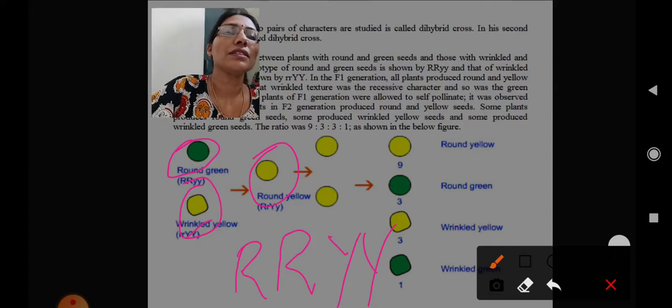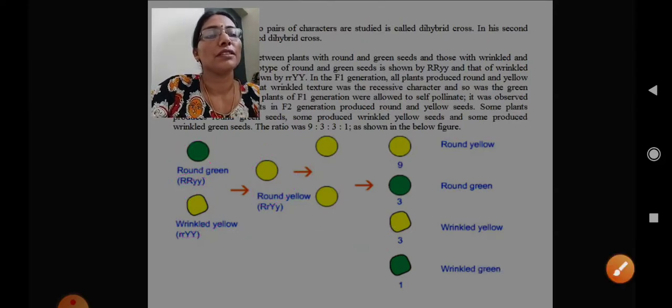These appear in a certain proportion. Here you can see 9 plants were round yellow, 3 plants were round green, wrinkled yellow are 3 and wrinkled green are 1.